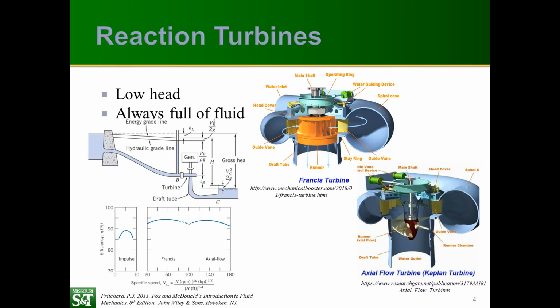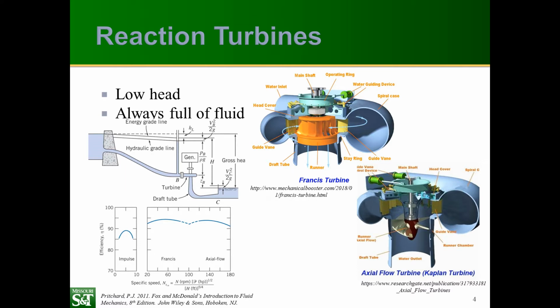So if the exit of the draft tube is at atmospheric pressure, that means the exit of the turbine can actually be at lower than atmospheric pressure, and that can help improve the power output from these types of turbines. So in this case, the net head is actually the difference between the turbine entrance and the draft tube exit. So we have that new definition for net head.